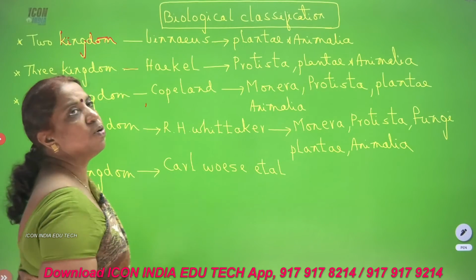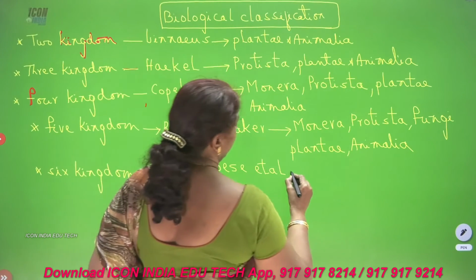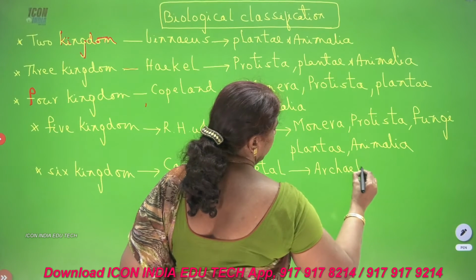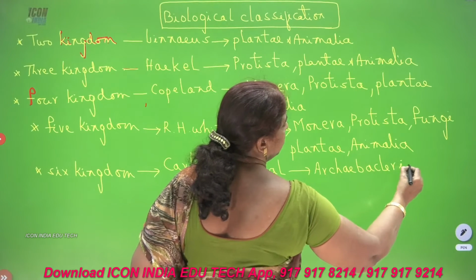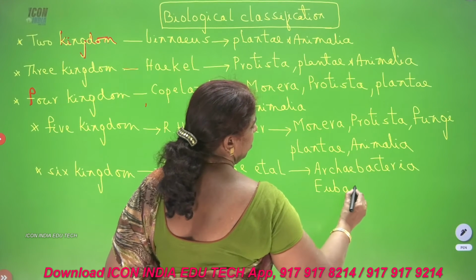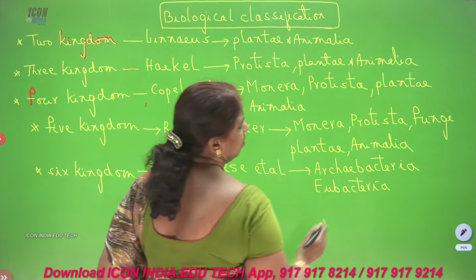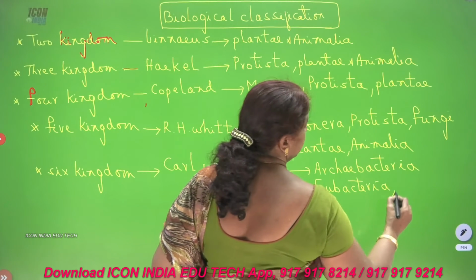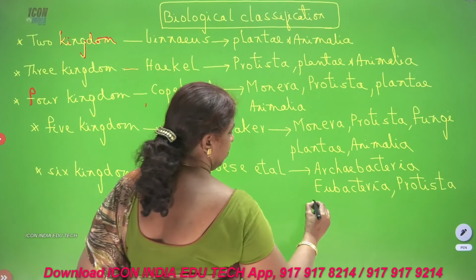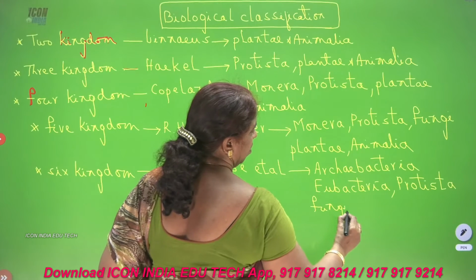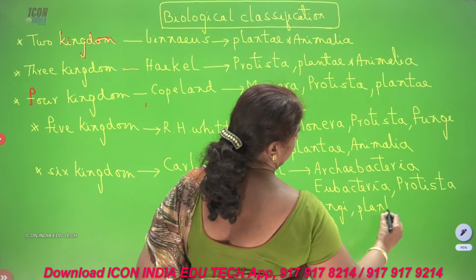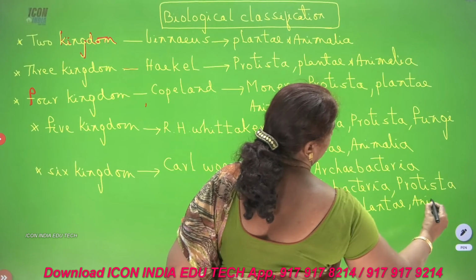He classified the living organisms into six kingdoms: Archaebacteria, Eubacteria, which is the true bacteria, Protista, Fungi, Plantae and Animalia.